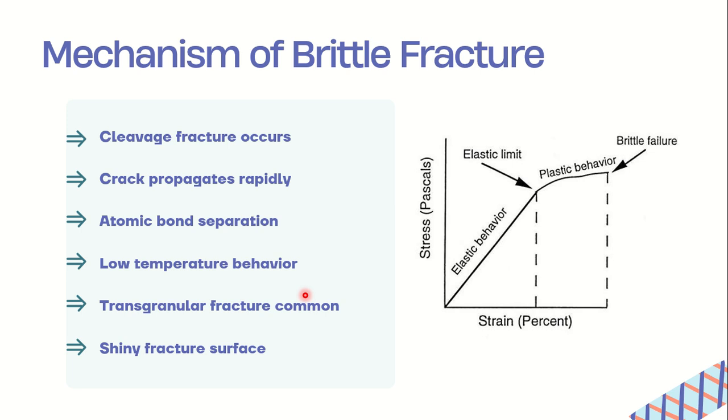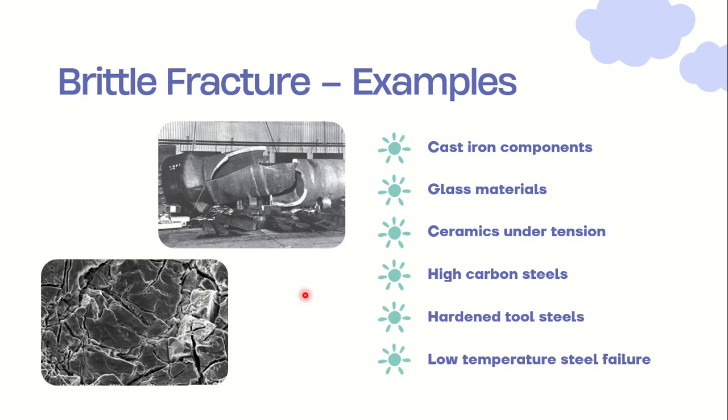In ductile fracture, this will not occur. Brittle fracture examples: cast iron components, glass materials, ceramics under tension, high carbon steels, hardened tool steels, and low temperature steel failure.